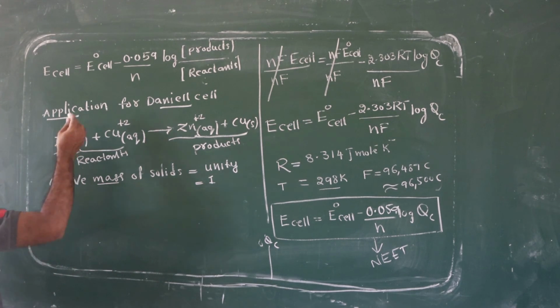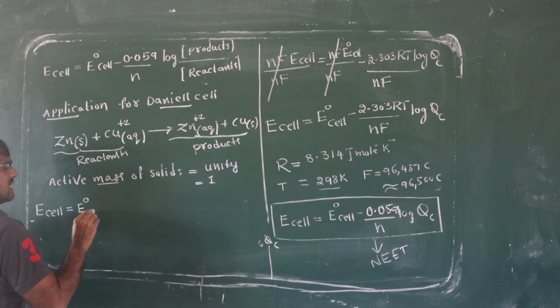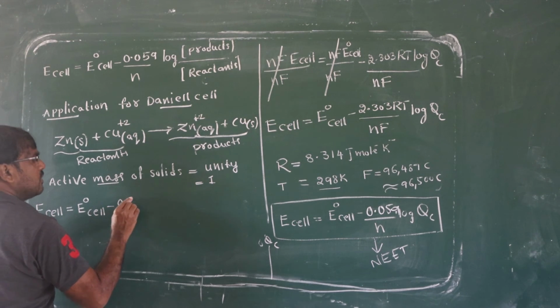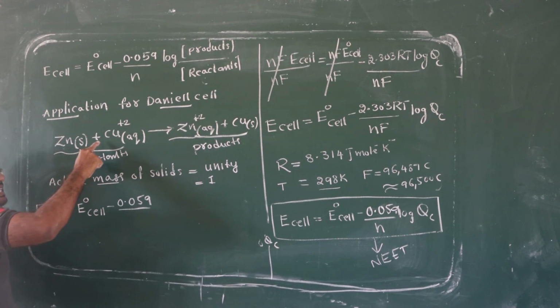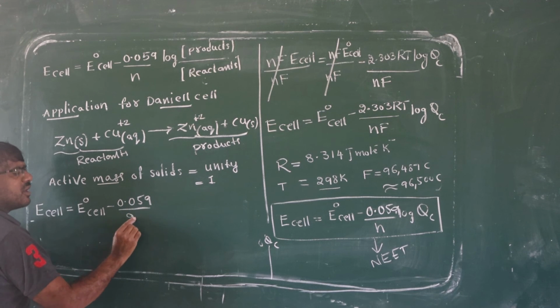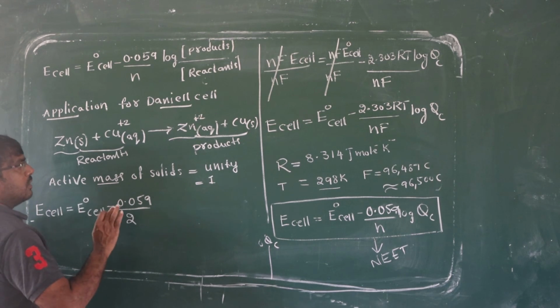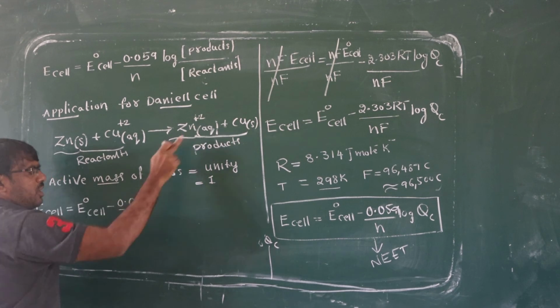So we can write the equation like this. E cell is equal to E naught cell minus 0.059 by n. In this reaction, how many electrons are involved? Number of electrons involved is 2. Zn loses 2 electrons, copper gains 2 electrons.